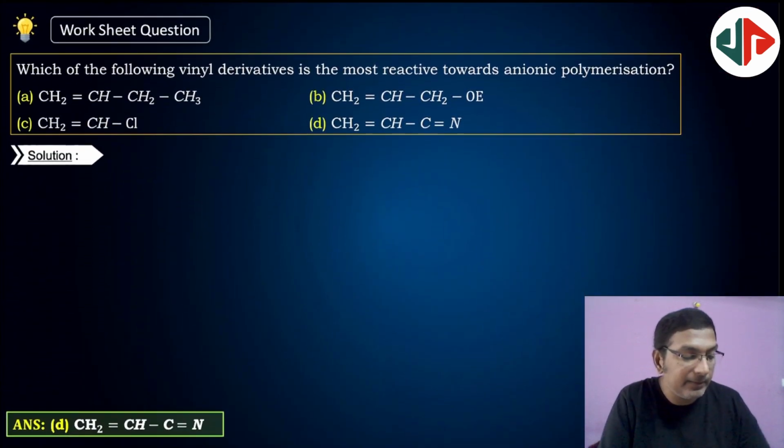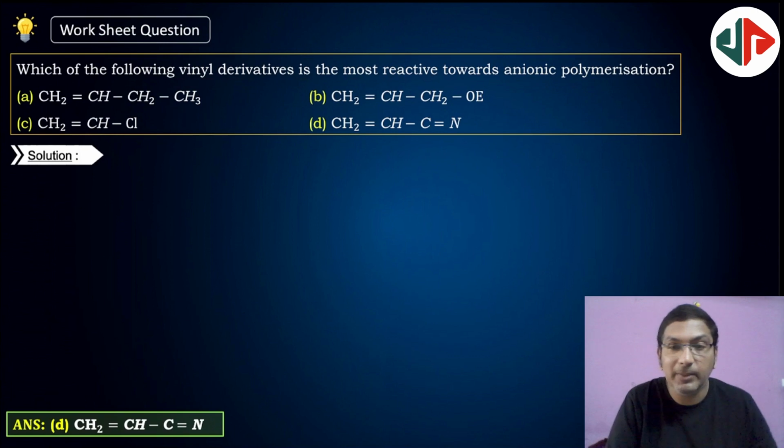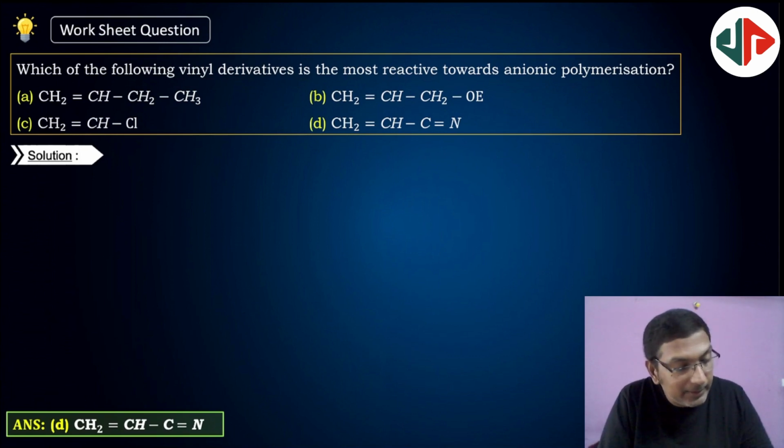So first one, which of the following vinyl derivatives is most reactive towards anionic polymerization? Here it should be the one with the triple bond.